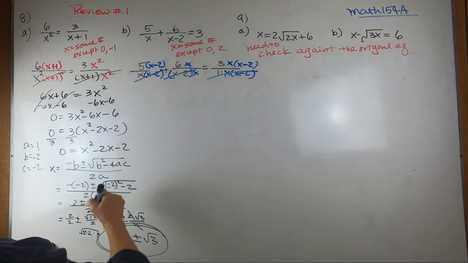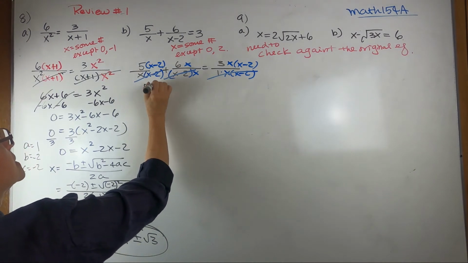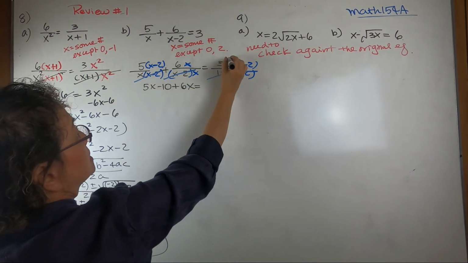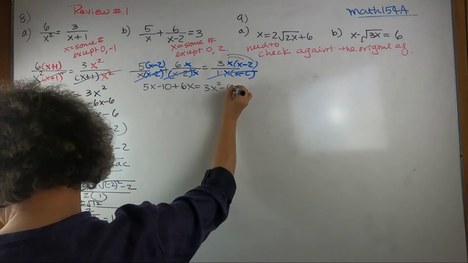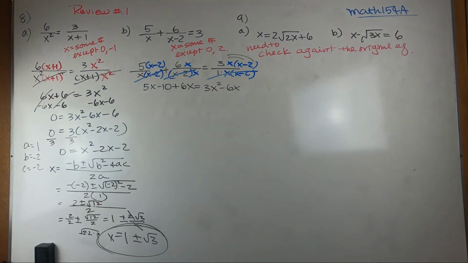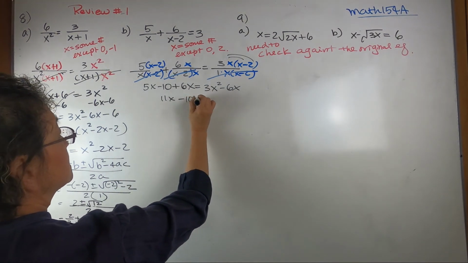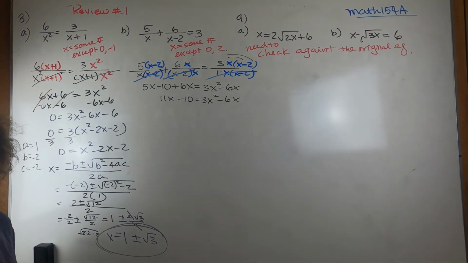I just do the top. So what do I have? 5x minus 10 plus 6x equals, distribute 3x minus 6x, right? It becomes 11x minus 10 equals 3x squared minus 6x.